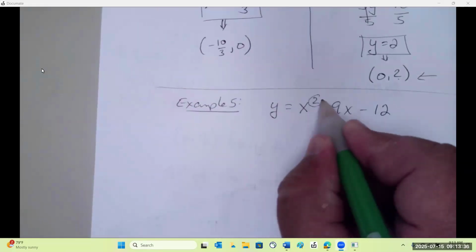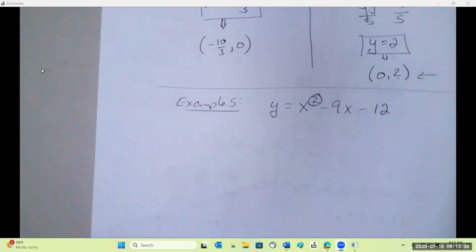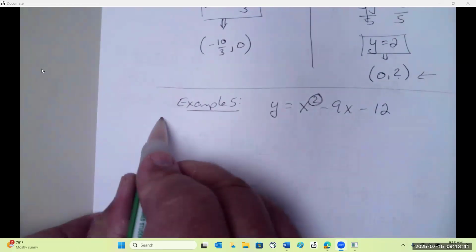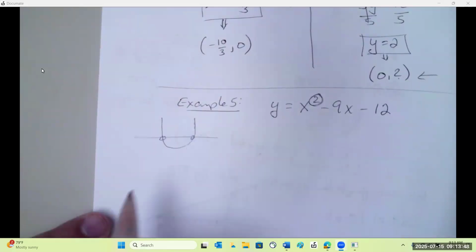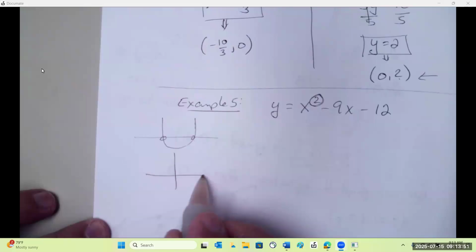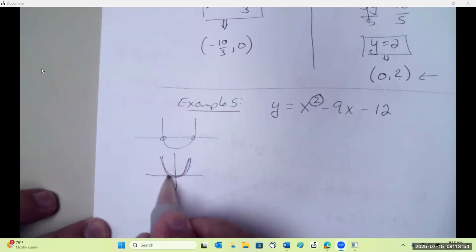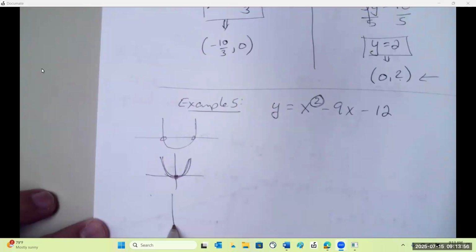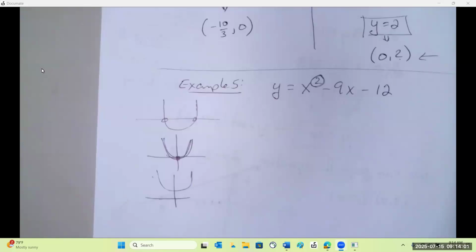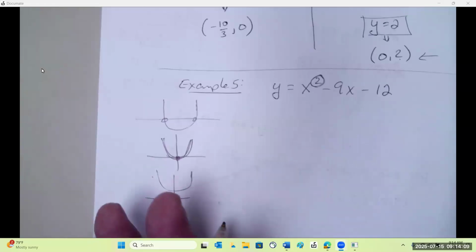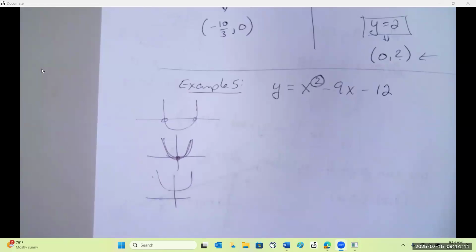You see, it has an exponent. Is that a linear equation? No, it's a quadratic equation, meaning the graph of this one will look something like this, which means we can have two x-intercepts, or one x-intercept, or no x-intercepts. That is chapter 3. Why they threw it in the first section of chapter 1, I don't know.